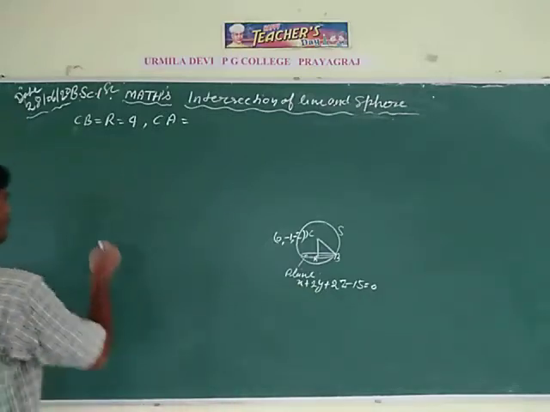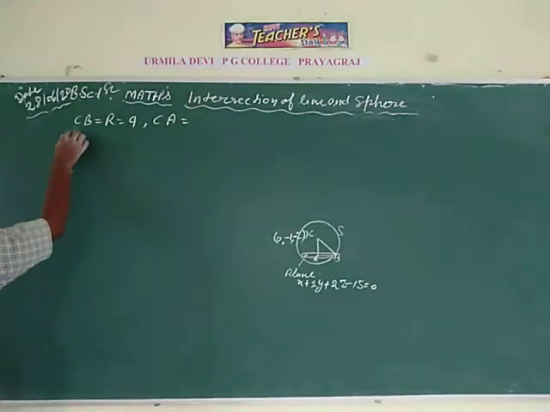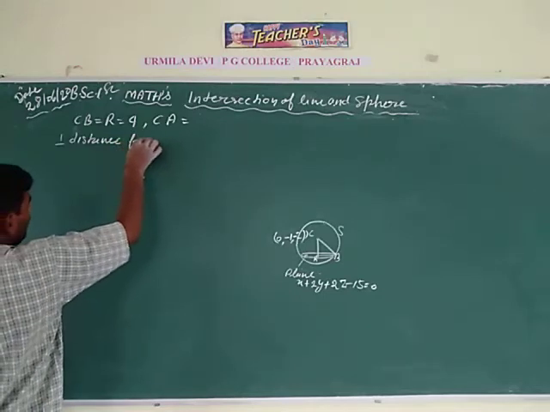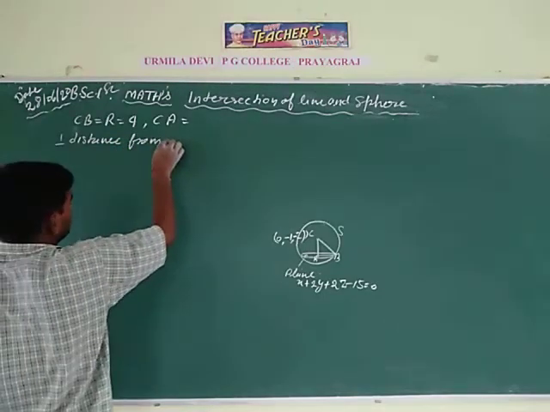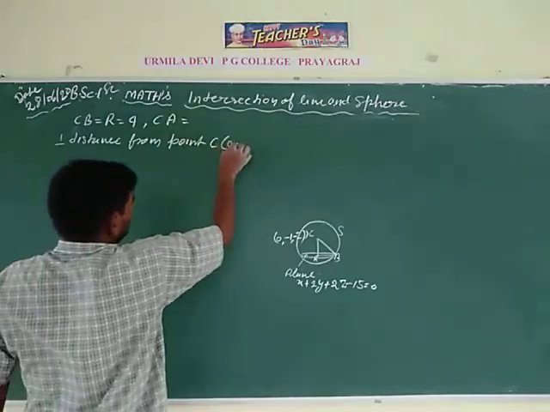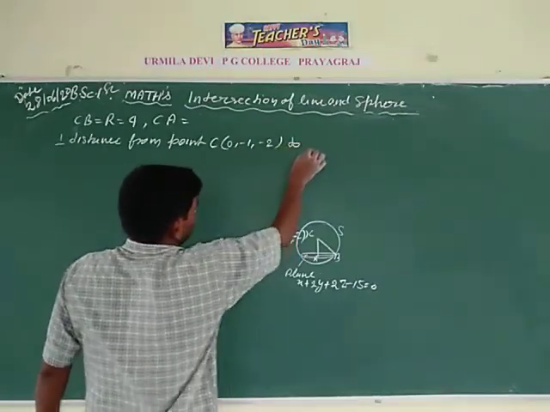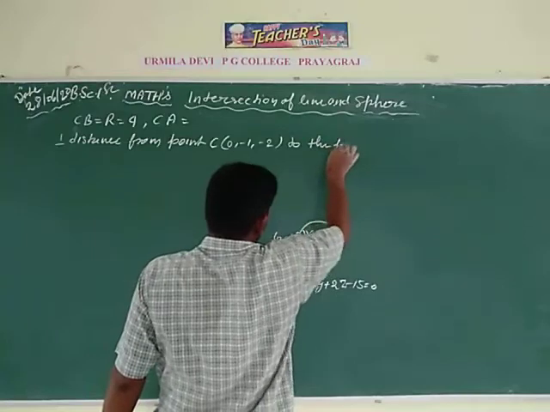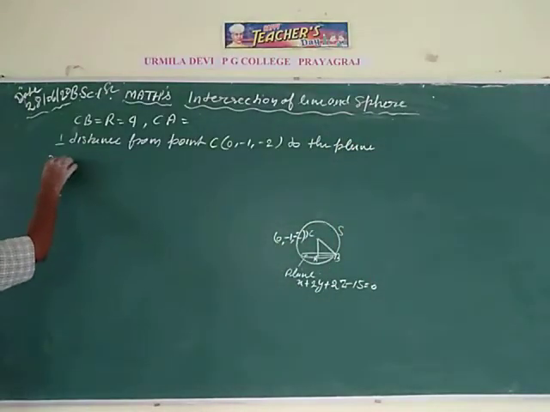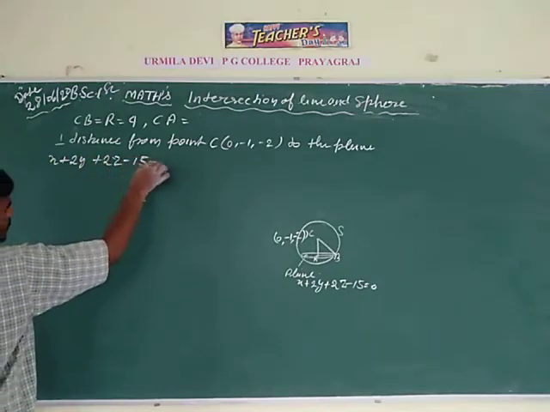So it is the perpendicular distance from point capital C, whose coordinates are 0, minus 1, minus 2, to the intersecting plane, whose equation is x plus 2y plus 2z minus 15 is equal to 0.